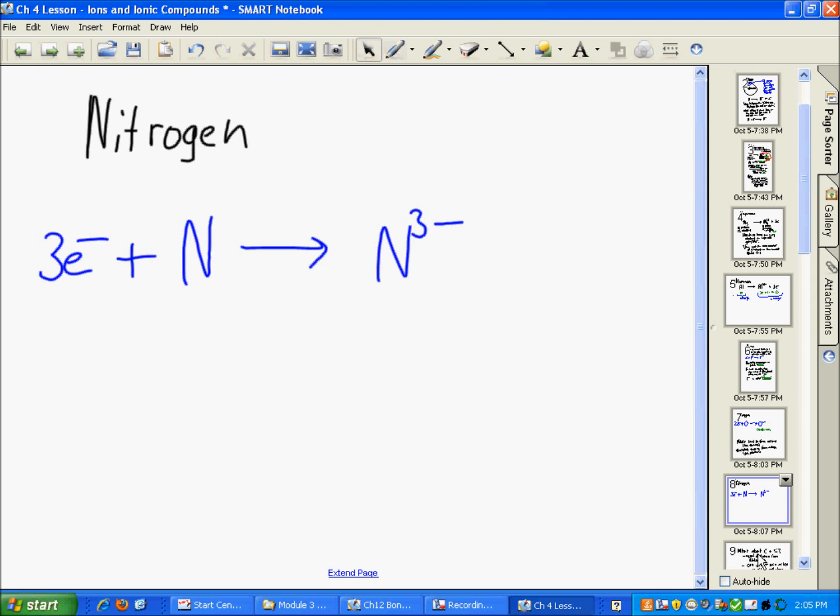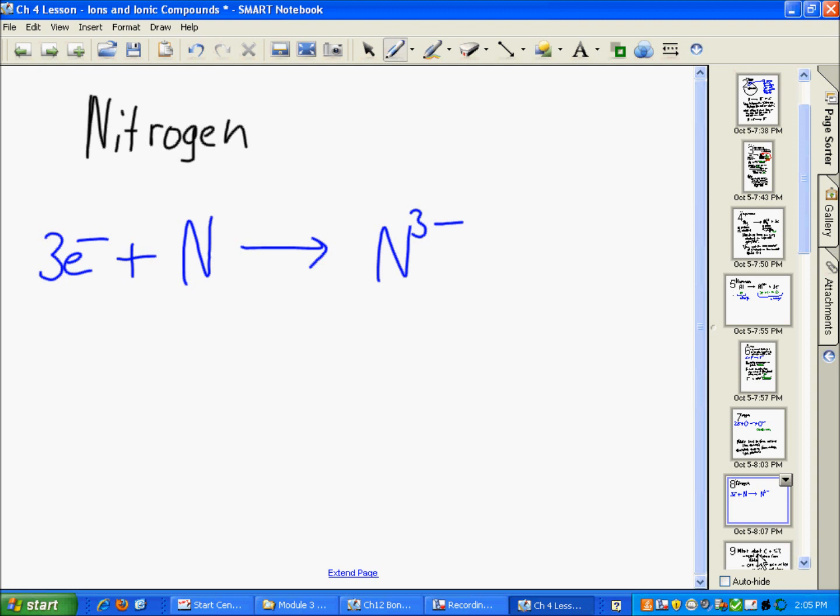And the name of the ion that you make from nitrogen? The rule for negative ions is you drop the end of the element name and add "-ide". So nitrogen would become... Drop the ending off nitrogen and add "-ide".